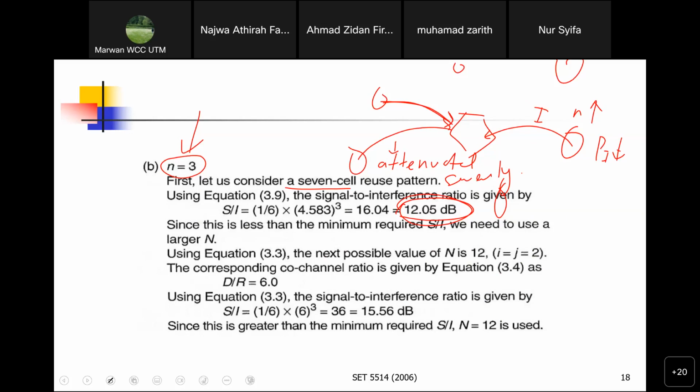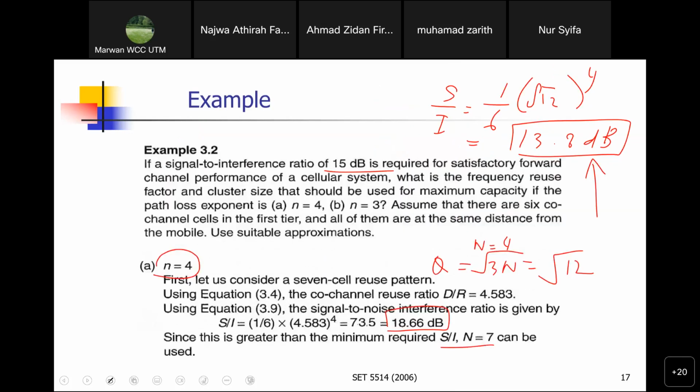So it has to map nicely with the environment. Okay, so you cannot just say you are doing a highway, but you assume that your n equals 4. Highway is not n equals 4. N equals 4 is in the city area. So it turns out that when the environment is complex, the interference that wants to disturb you is also going to be attenuated severely before it reaches you.